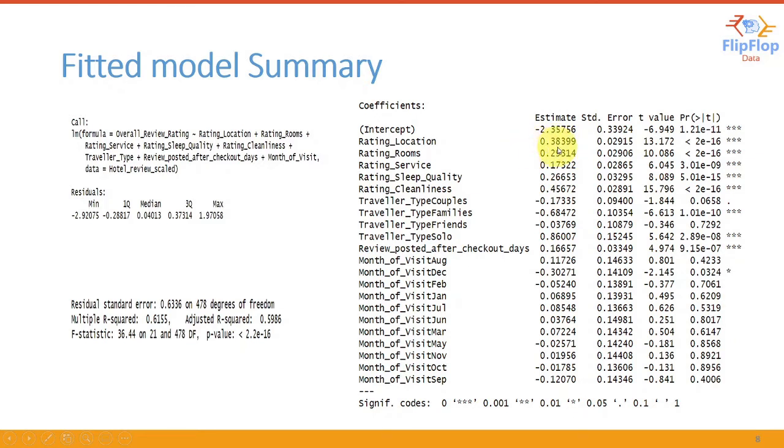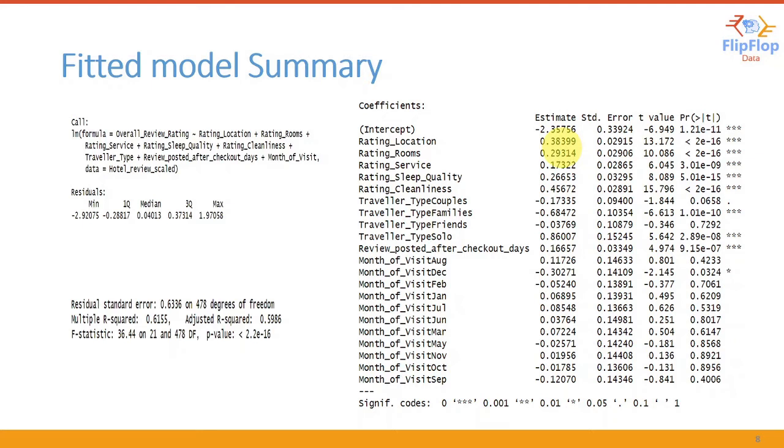What this means is that overall review rating increases by 0.38399 for every proportional unit increase in rating location. I will repeat again. This means overall review rating increases by 0.38399 for every proportional unit increase in rating location.